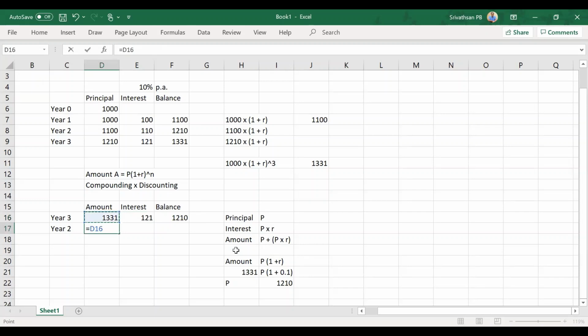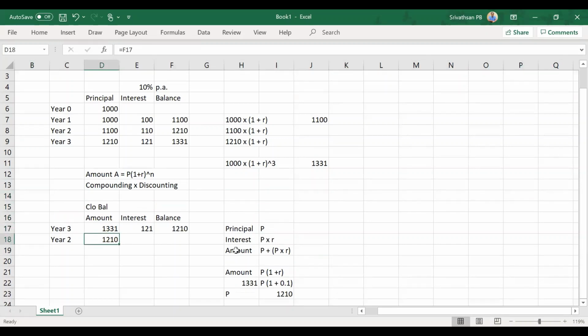Now this becomes the closing balance of year 3. So closing balance of year 2 is 1210, and the opening balance, again applying the same formula, is closing balance divided by 1 plus interest rate.